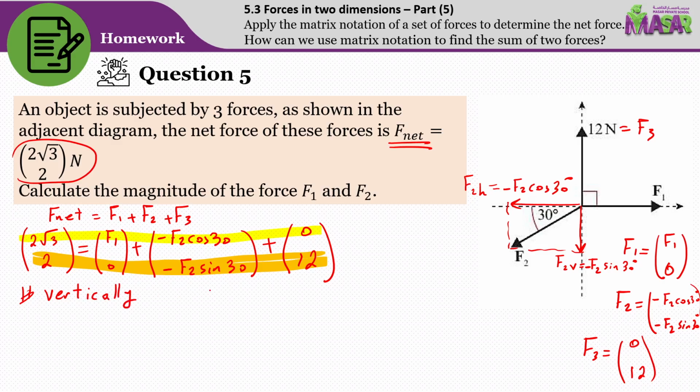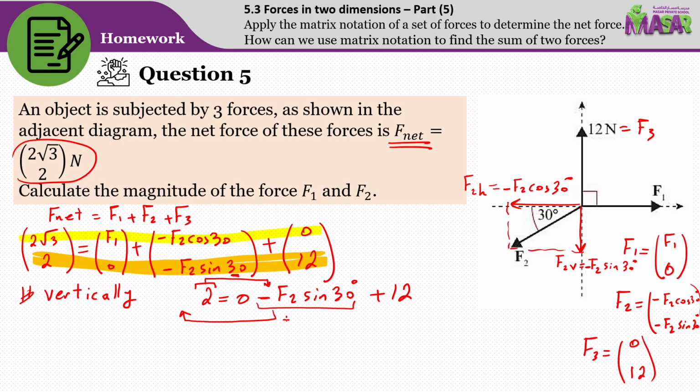we know that 2 is equal to 0 minus F2 sine 30 plus 12. Now this is an equation with one unknown. Let's solve it to find out the value of F2. Now I would move F2 sine 30 to the other hand side and the 2 to the right hand side by changing the sign.